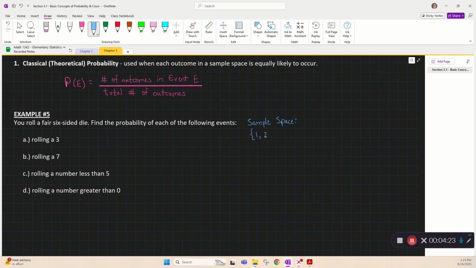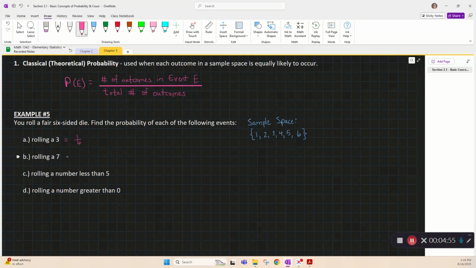I could roll a 1, 2, 3, 4, 5, or 6. So the probability of rolling a 3? Well, there's only one thing that satisfies that. So our probability here would just be 1 out of 6. There's only one 3.